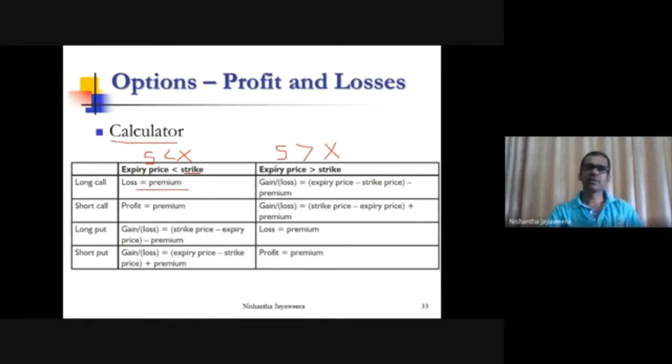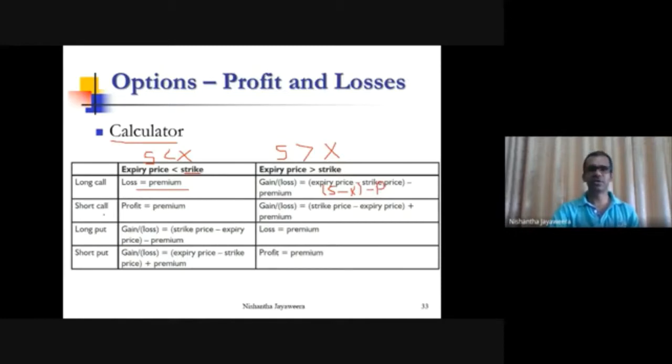But what would happen when the spot price is higher than the strike price? Then you make a gain. The gain is the difference between the expiry price, that means the spot price, minus the strike price, minus the premium that you paid. That is your gain.